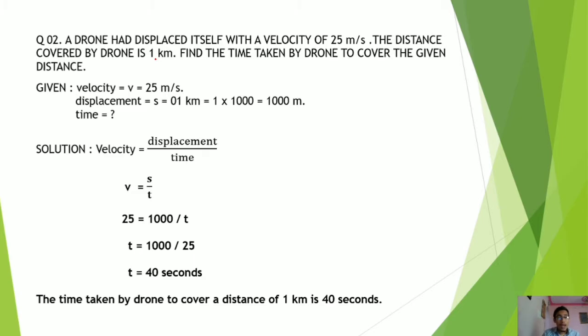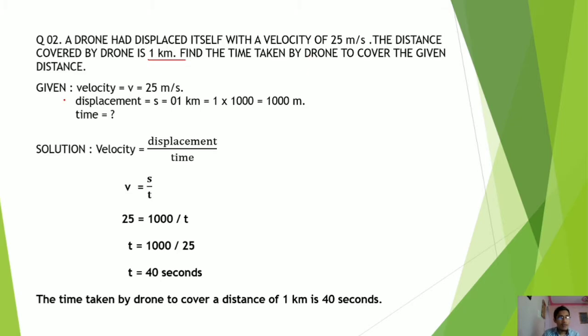So the distance between the initial point and the final point is 1 kilometer. Now what we have to find? We have to find the time taken by the drone to cover the given distance. In how many seconds did this drone cover this 1 kilometer distance with a velocity of 25 meter per second? We have to find that.